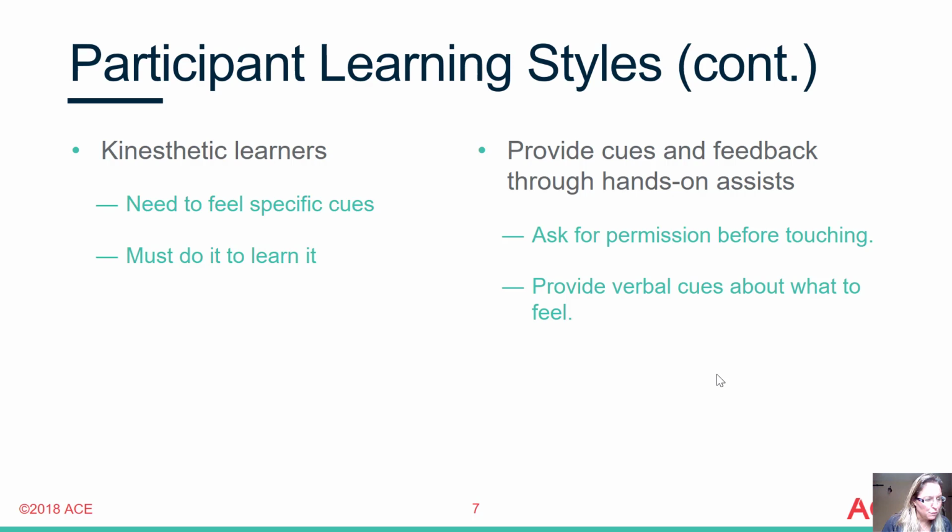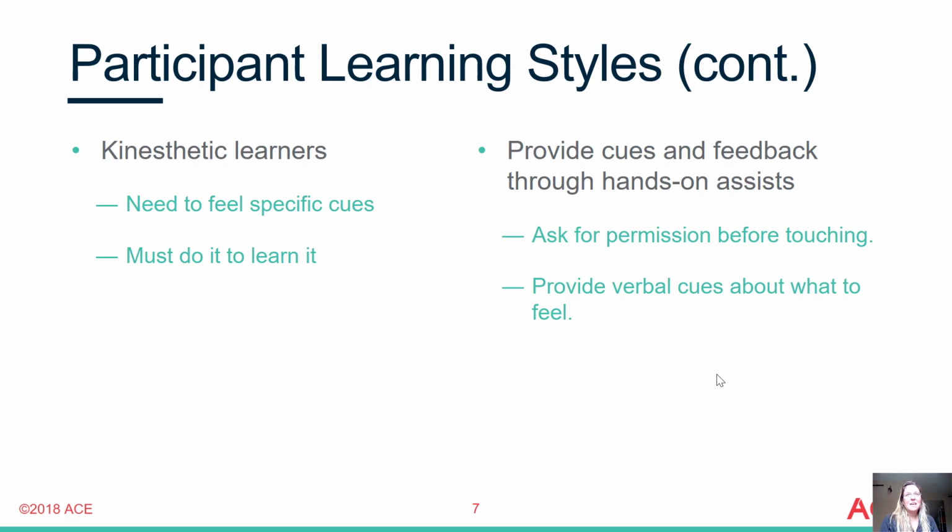These people need to feel the specific cues. So we need to use words like sense or imagine or pretend or feel or, for example, pinch that pencil between your shoulder blades. That feeling of, okay, I'm pinching or squeezing my shoulder blades together.